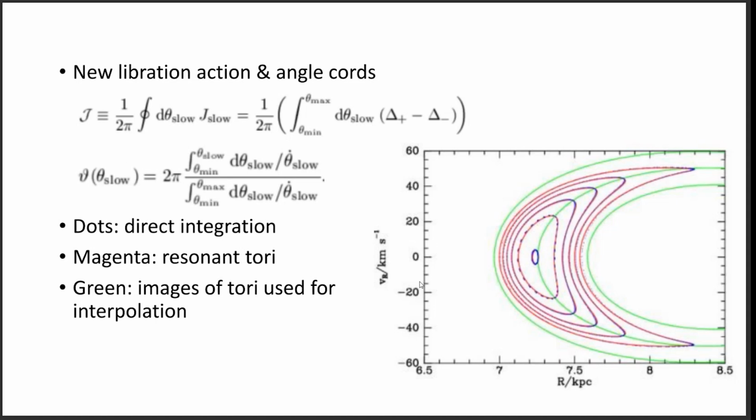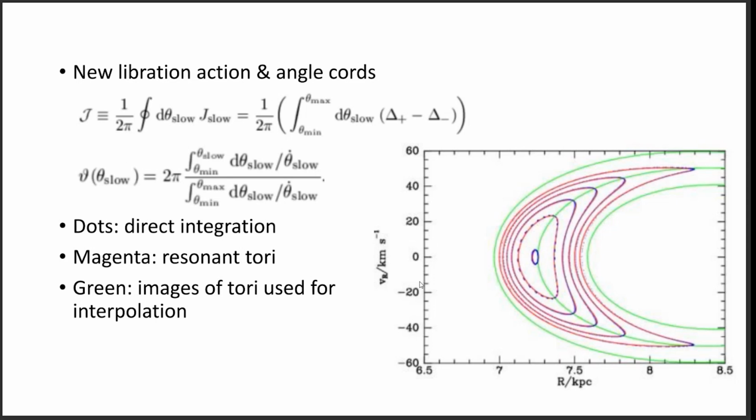Torus mapping created this curve, and it created this curve, and then by interpolation between toruses, I've created this curve just for illustrative purposes. But in order to draw these curves all through this region, I need unperturbed angle action variables, and they're obtained by interpolating between here and here.